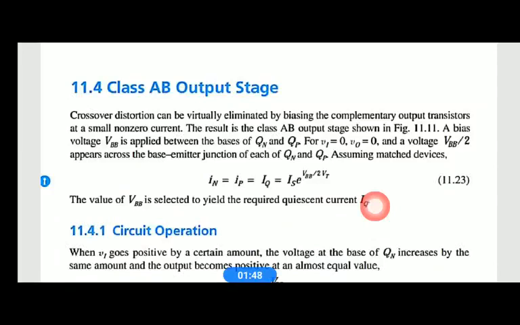It means when input voltage is between plus 0.5 volt to minus 0.5 volt, there is no output voltage present. So that causes what we call crossover distortion.